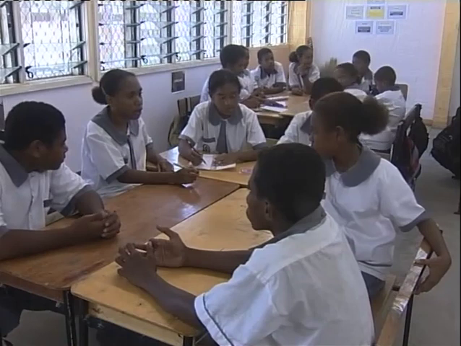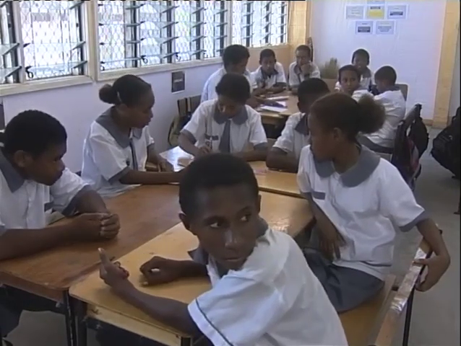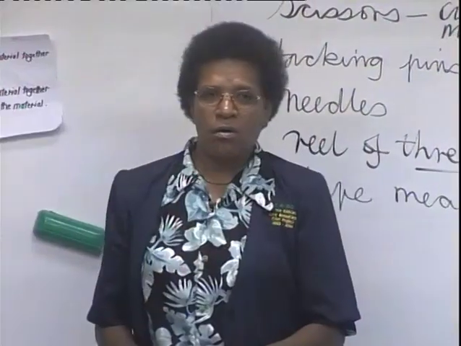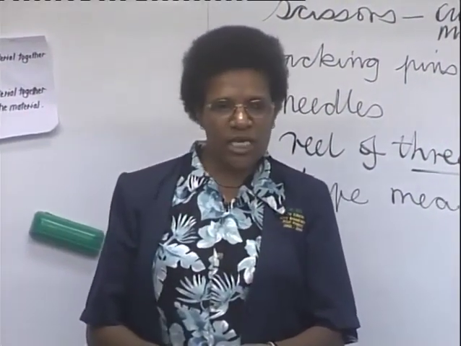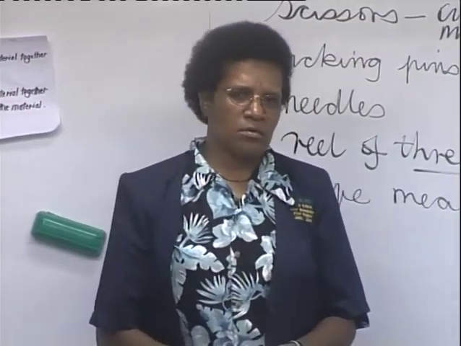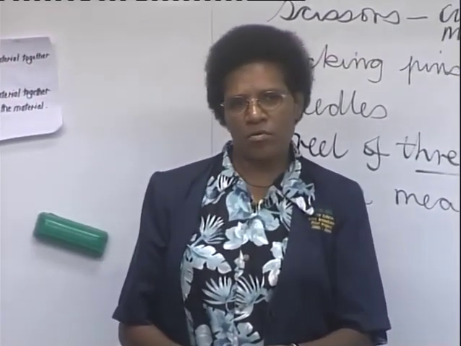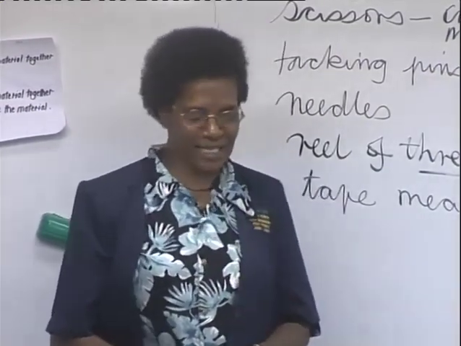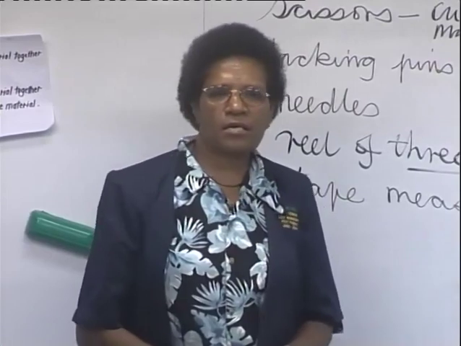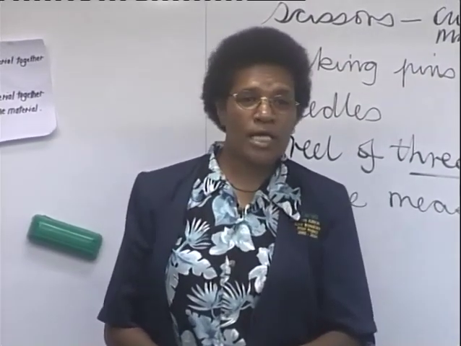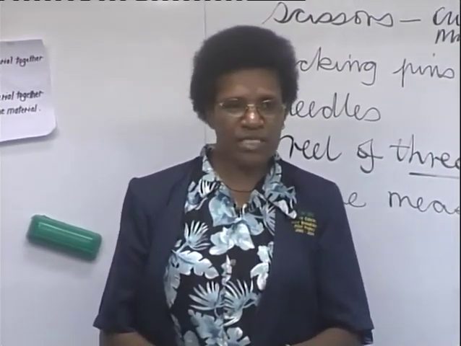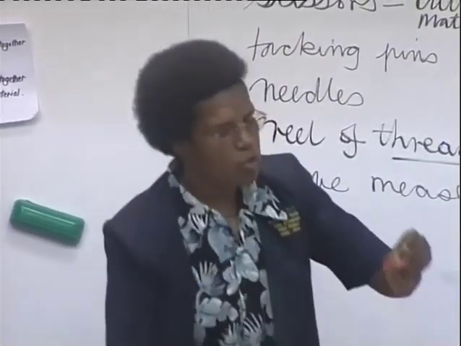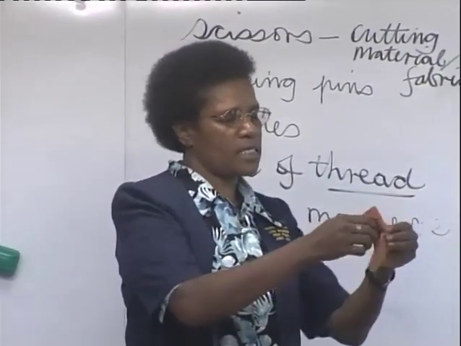Now, to you who are the receiving school teachers, I'd like you to make sure your students come with the equipment that is needed for sewing in the next lesson, and they also have to come with a piece of fabric that will look like this size.